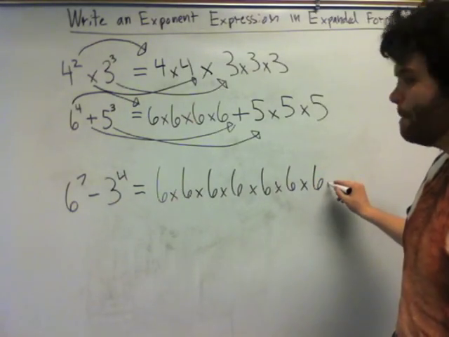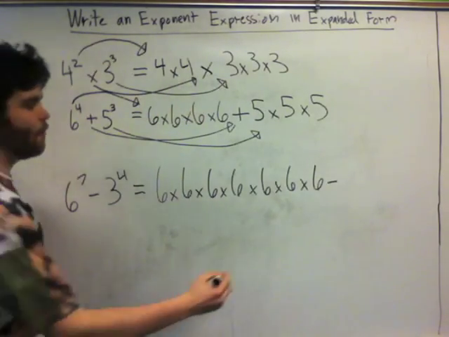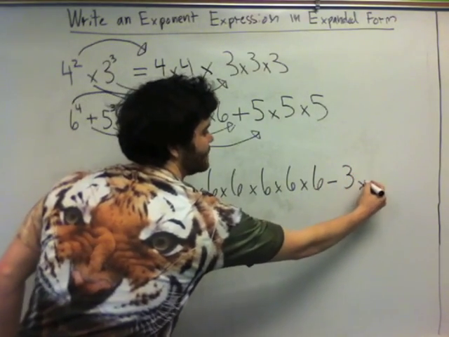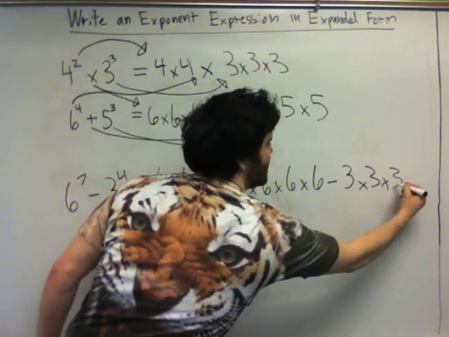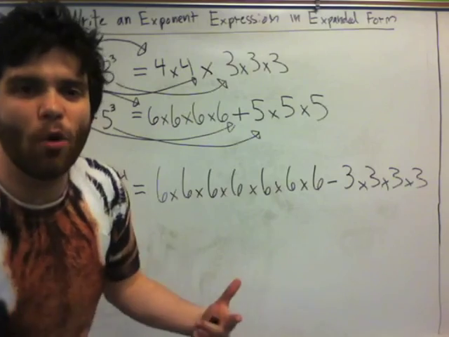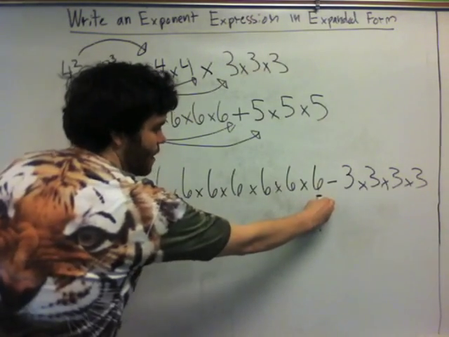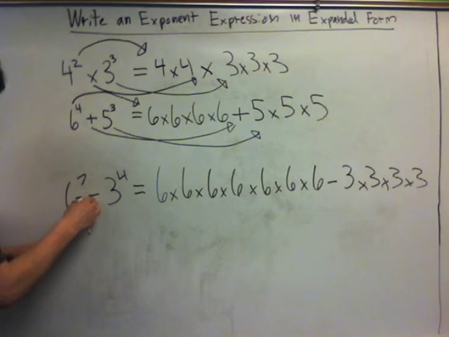Bingo. Minus, and I'm going to switch over here, minus 3 to the fourth. 3 times 3 times 3 times 3. That's a huge one, but the important thing is that we just took 6 to the seventh and we expanded it out. And then we grabbed our subtraction.